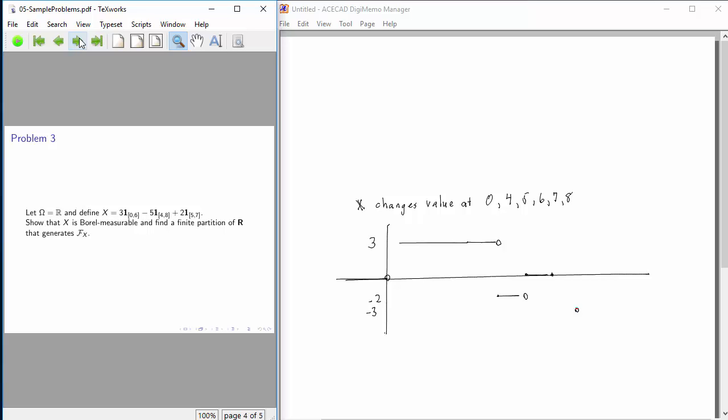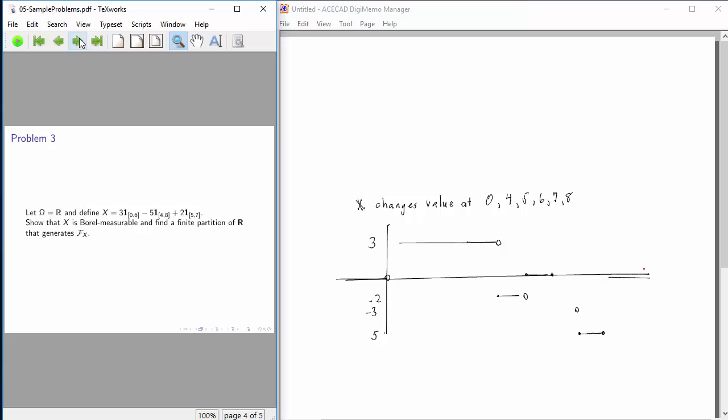Finally, once I get a value that's greater than 7, only the last term matters. I get a payoff of negative 5, and that will happen for values starting at 7 and going up to and including 8.